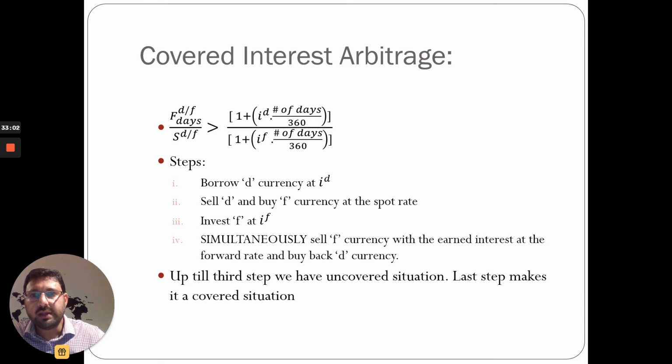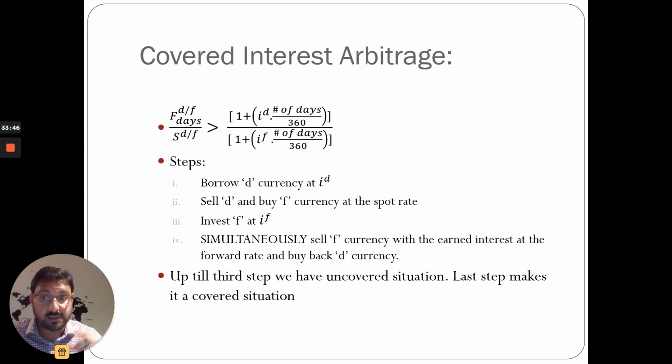So let's go ahead and see how we can proceed in order to earn the riskless profit. Let's suppose the ratio of the forward rate to the spot rate is greater than the ratio of 1 plus the interest rates between the two currencies. The first step is to borrow D currency at the interest rate in the D country, and sell the D and buy the foreign currency at the spot rate, and then invest the foreign currency at the foreign interest rate.